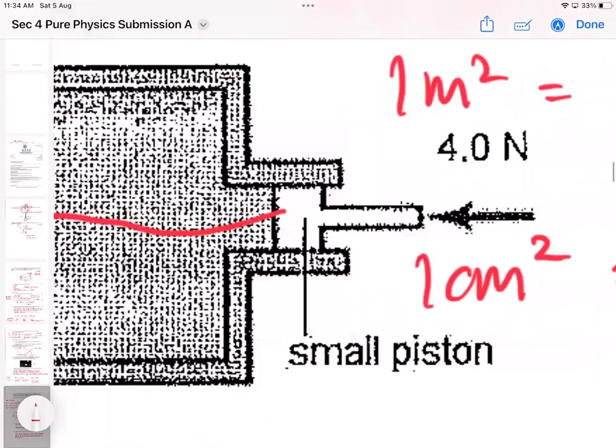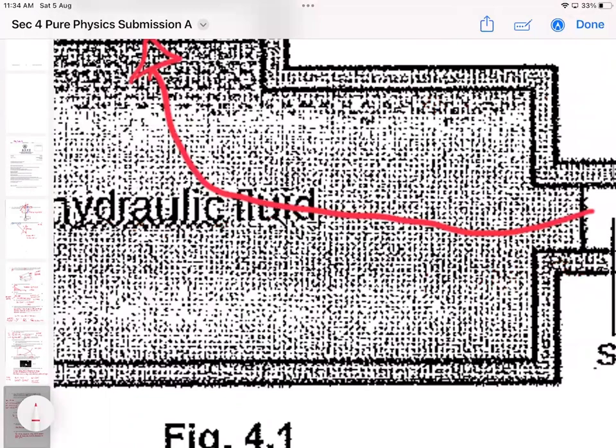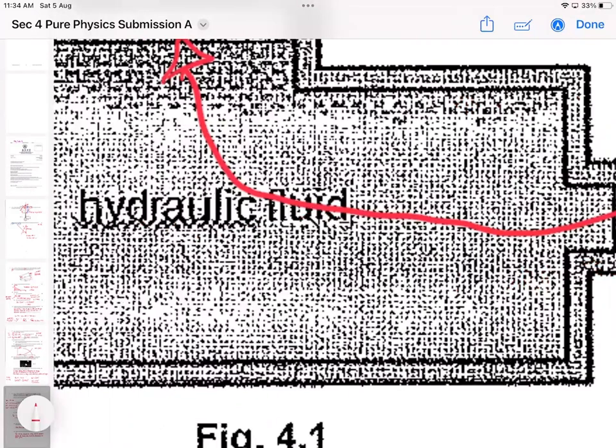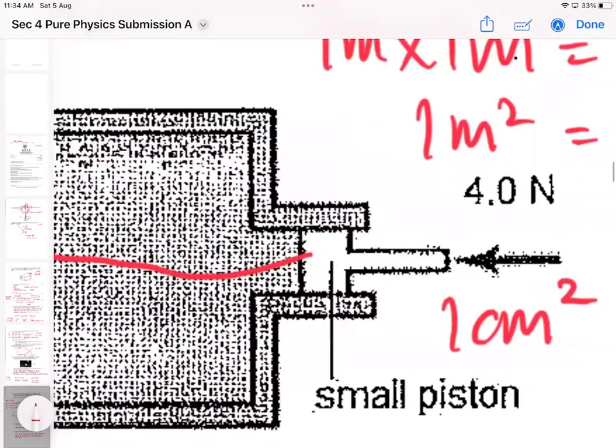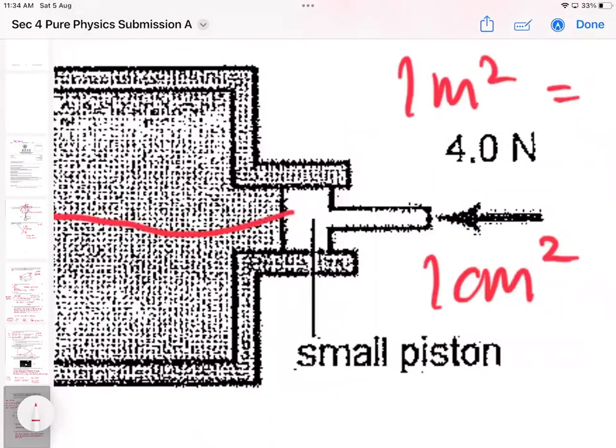So my question for you is, because we use air over here, it wasn't able to transmit over. So the energy that you initially pushed in, where is it now? The energy must have gone somewhere. So where's the energy gone to?